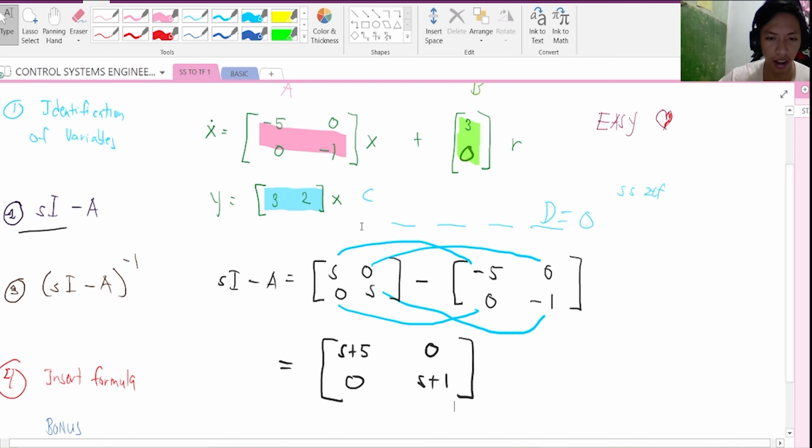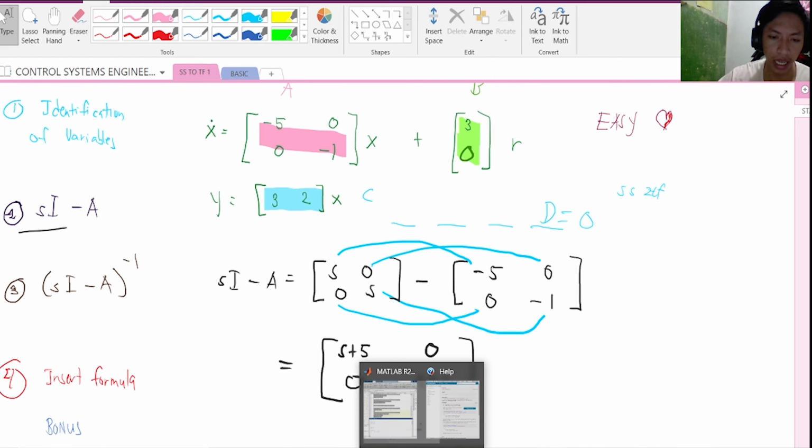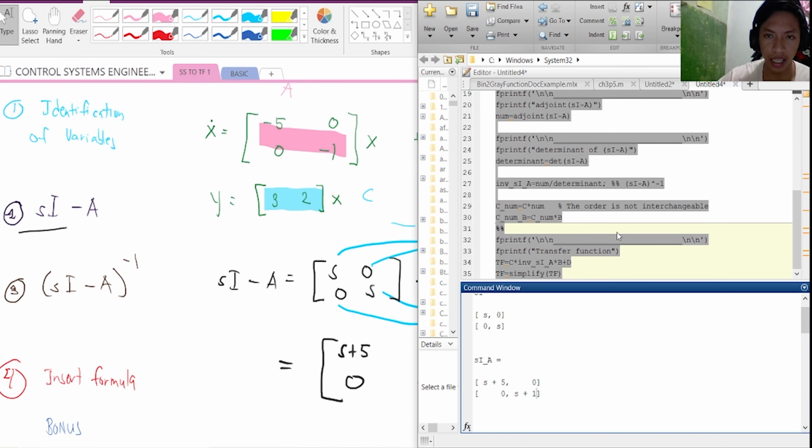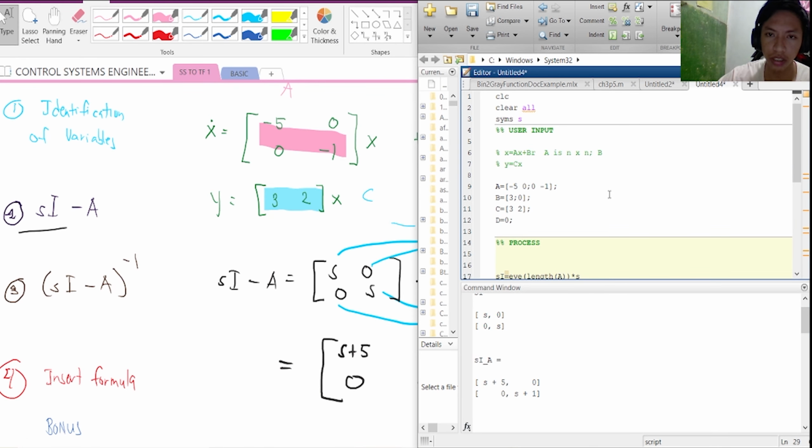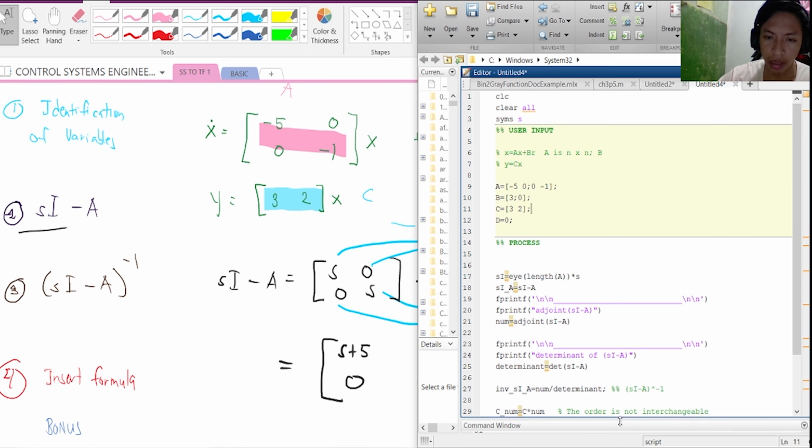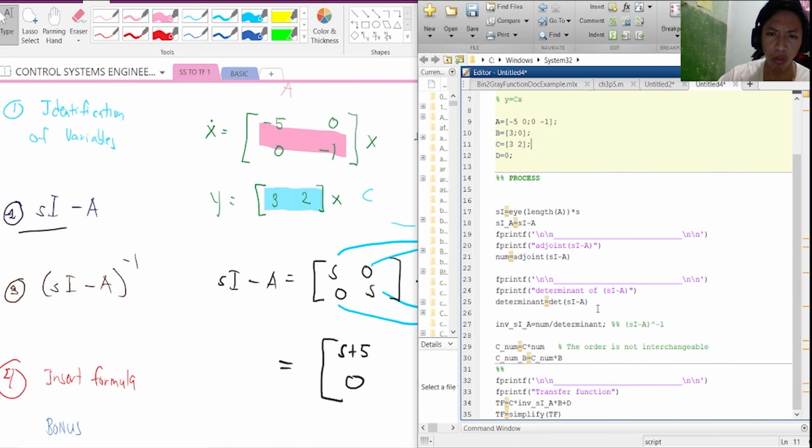So far, so good. So now, as promised, I have a MATLAB code to guide us in our journey in solving this problem. So this is my MATLAB code. Basically, what this code does is just what we're doing here. It's just that it is programmed in the MATLAB syntax.